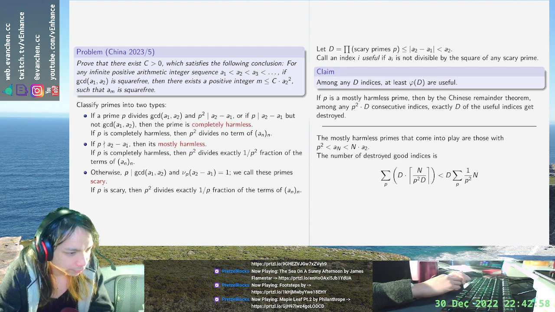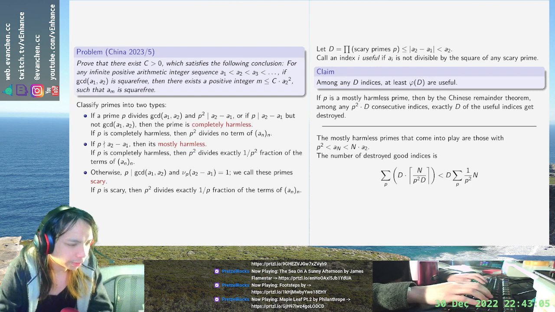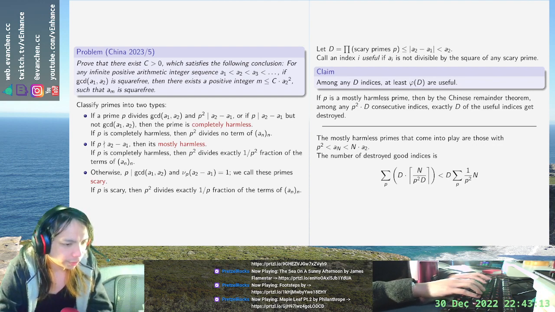And then there's a plus 1 times d, and then the number of primes, which is like square root of a_n log a_n times some constant.